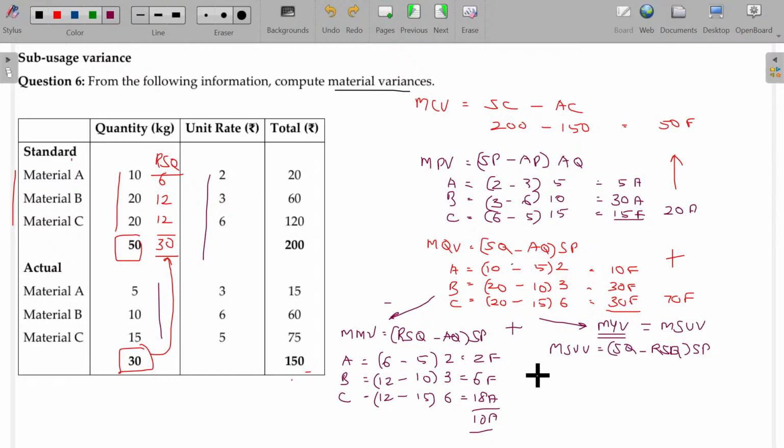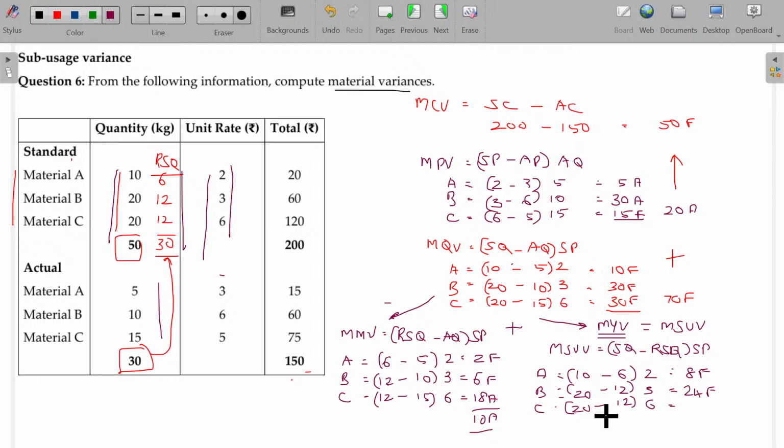Right. So for A, B, C, SQ being 10, 20, 20, RSQ being 6, 12, 12, standard price being 2, 3, 6, then 4 you consumed lesser, 4 into 2, 8 favorable, 8 consumed lesser, 8 into 3, 24 favorable, here 8 consumed lesser, 8 into 6, 48 favorable.